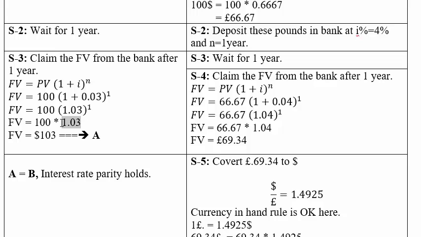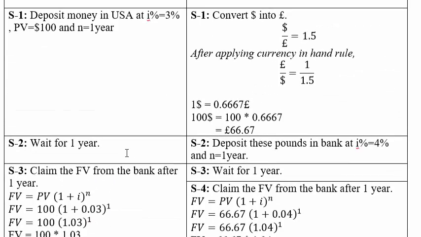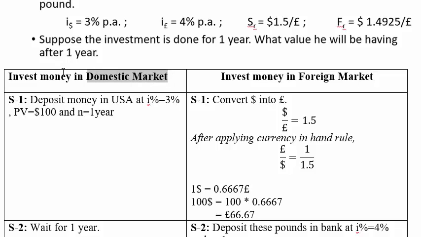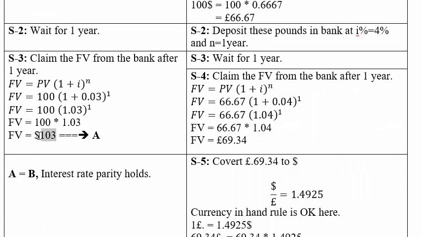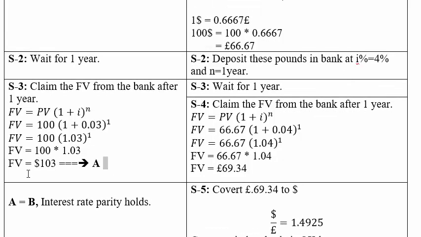Then we take the power and multiply it, so we get $103. It means that if this US citizen invests money in the domestic market, he will receive $103, so $3 would be the extra money that he will receive. That's his option number 1 if he selects it.